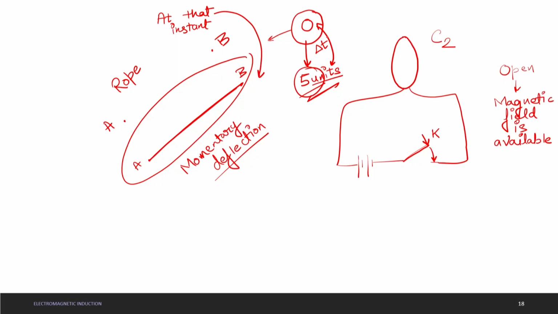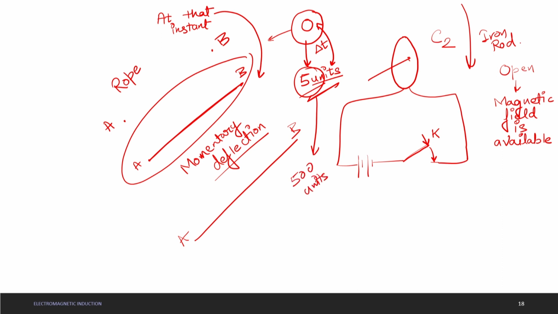So, if I explain by this same concept, let us say this time an iron rod is inserted into this magnetic field from here or anywhere, the magnetic field amount increases sharply to let us say 500 units. And the time is almost delta t only.